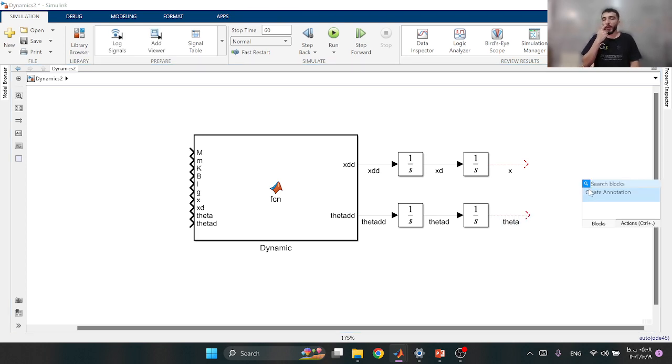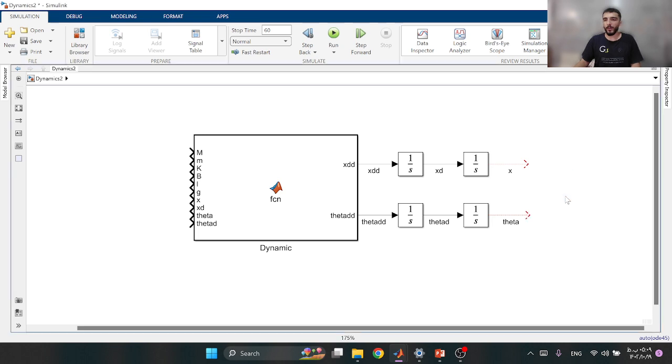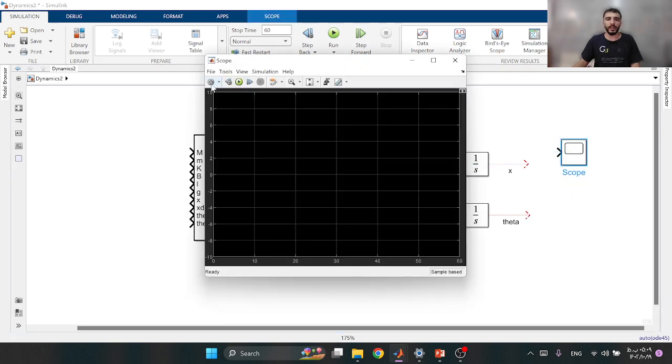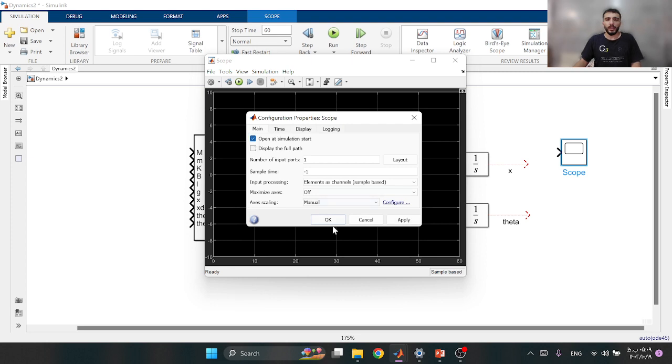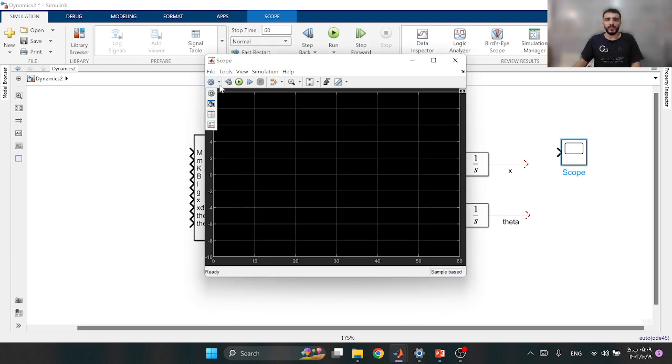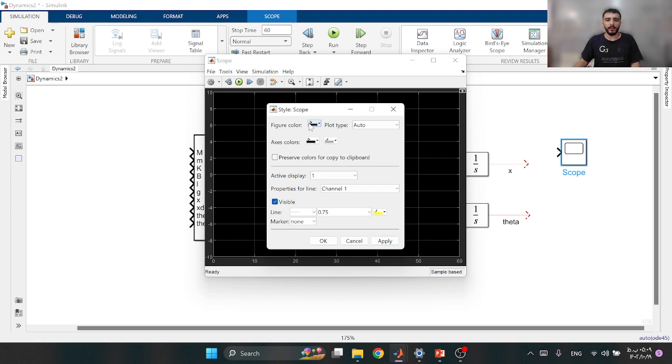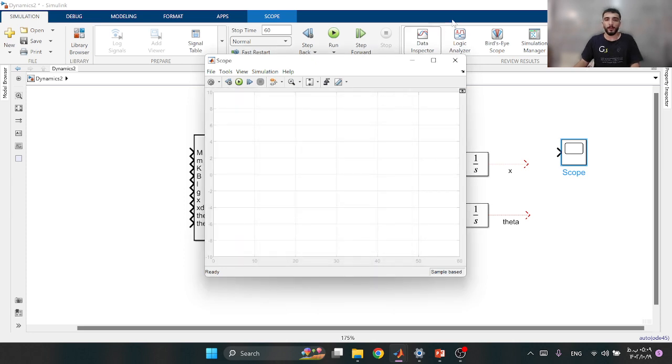To show the outputs of the system, I use a scope block here. I will make some modifications. Let's open it at the start of the simulation and make some changes to the appearance of our scope.